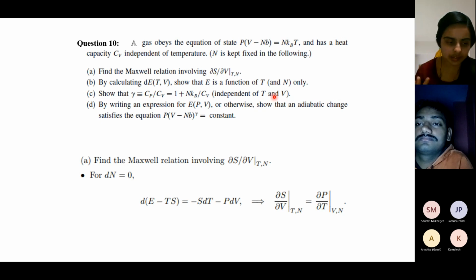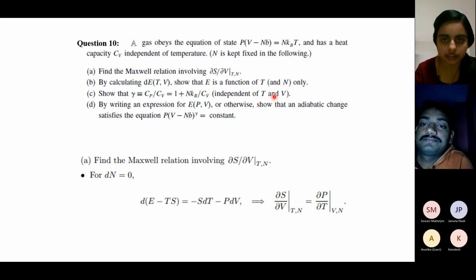Think of this general thing: you have some function x, and you want to show that x is not dependent on y. How do you show that? You tell that del x by del y is equal to 0. Is this clear to everyone?